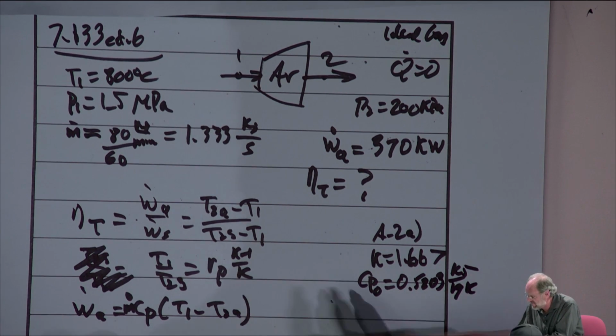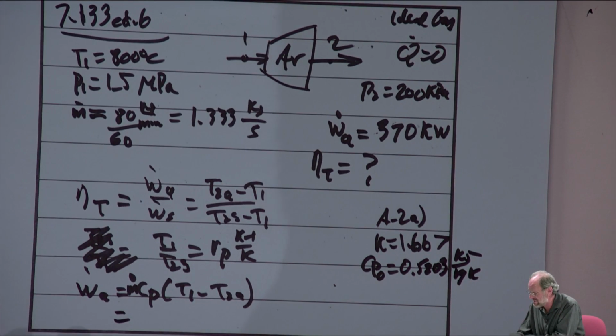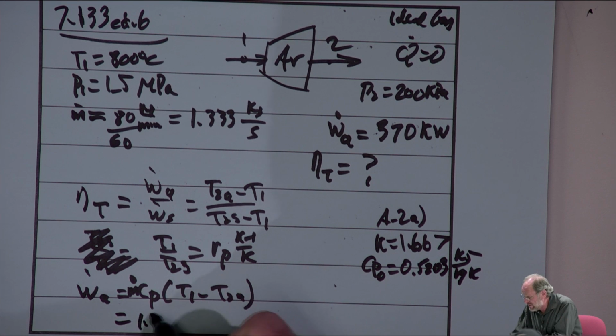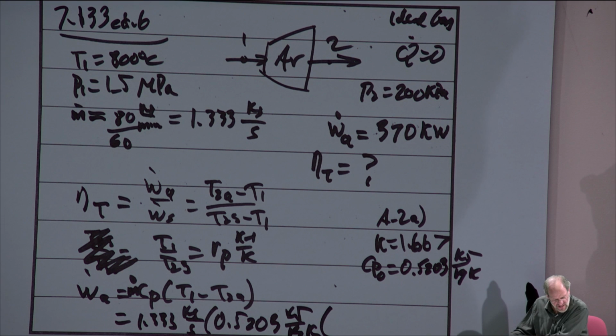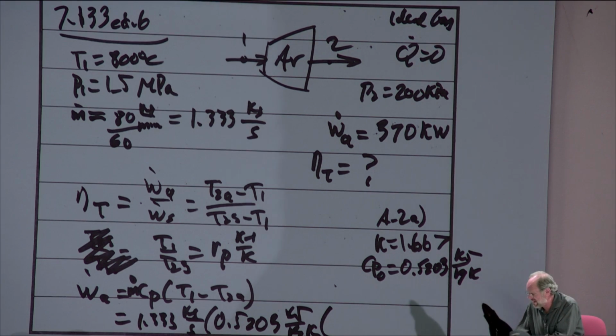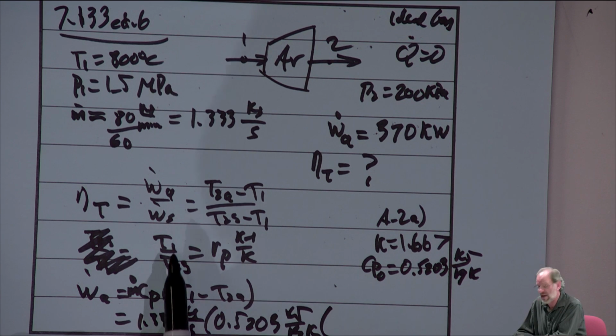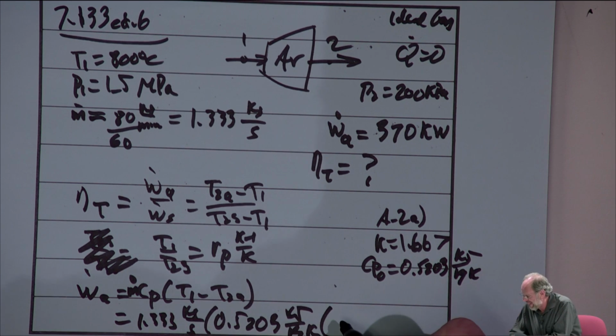So now we can plug the information into this power equation below. We get 1.333 kilograms per second times 0.5203 kilojoules per kilogram per Kelvin. And then the temperature difference we can do either in Kelvin or Celsius. It really doesn't matter, but we might as well do it in Kelvin since we're going to need to use Kelvin anyway eventually.